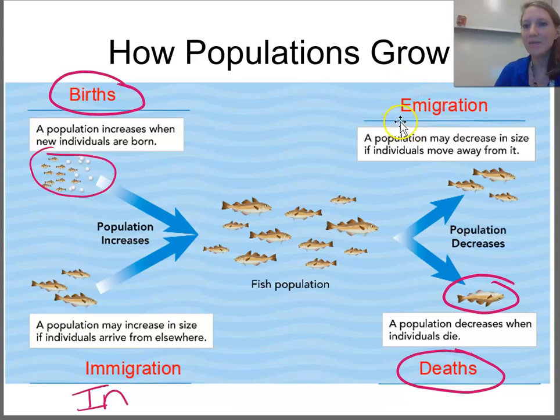Emigration, with an E, means they're leaving. Maybe they had a fight with their other fish friends and they just decide to leave. Maybe they get kicked out. We don't know. But that's when individuals just leave the population and go somewhere else for good, like for the rest of their lives. So these are two ways that it can leave. A good way to remember the difference is I for in, they're coming in. E for exit, they're leaving.